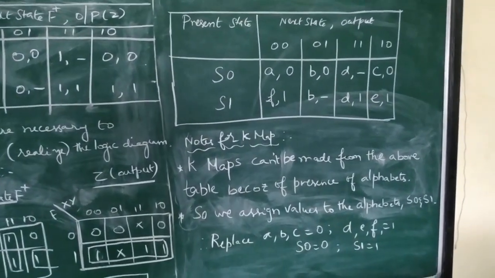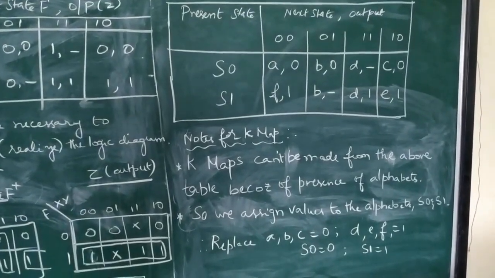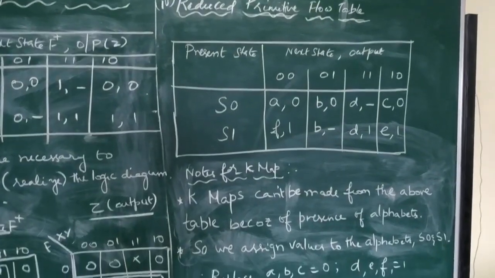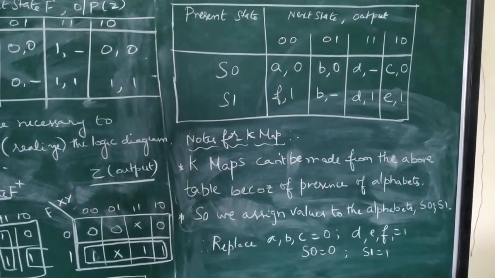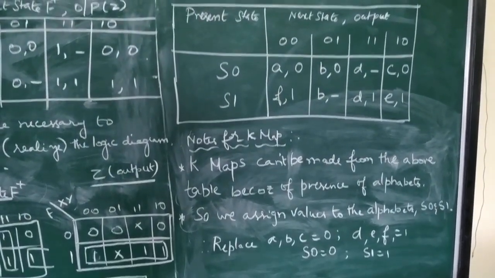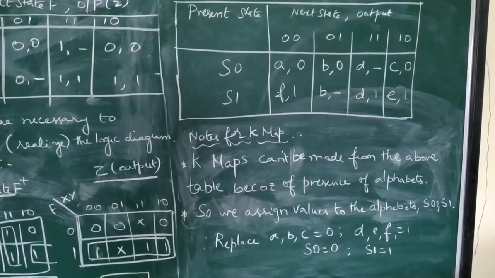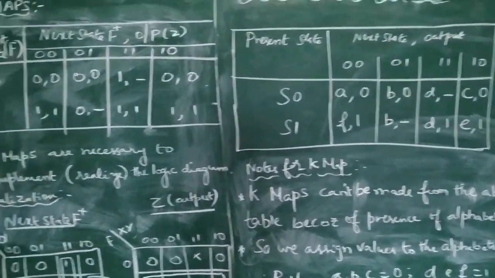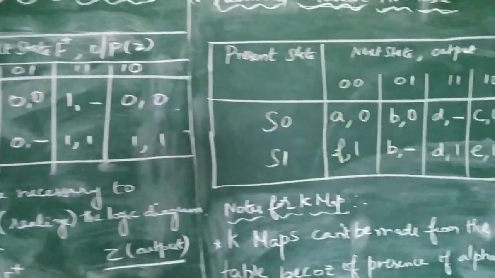The alphabets A, B, C are given 0, which we have already seen in making this reduced primitive flow table. D, E, F as 1, we have also already done. S0 is assigned as 0 now and S1 is assigned 1. So now when you fill it up, you get this table in this form.